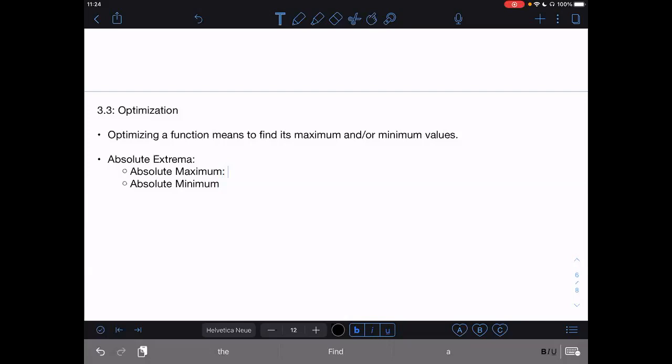The absolute maximum value is the largest value of our function of x on its defined domain or some closed interval. Right, the defined domain will be the closed interval that we're focusing on. The absolute minimum, similarly, will be the smallest value on that defined domain.